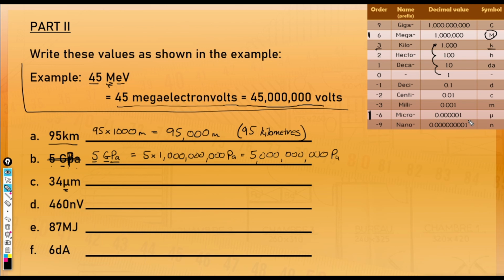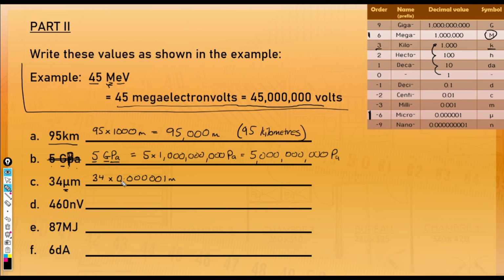But that's just 1. We have 34. So that means we're actually going to use another order of magnitude closer to the decimal point. What does that mean? Well, that means it's going to be 34 times 0.000001 meters.